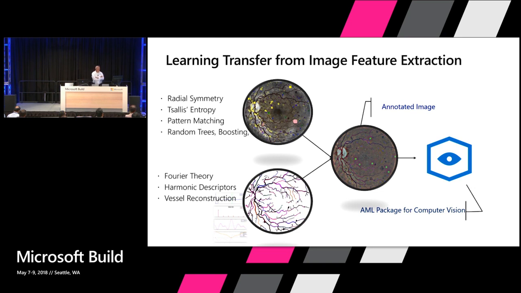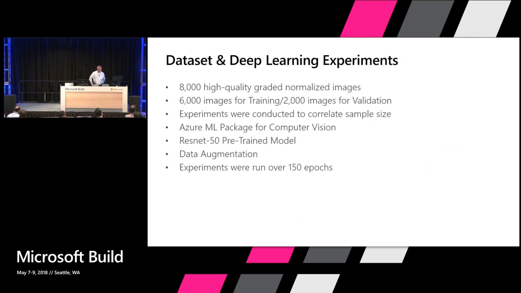All those images are sent to a classifier, a convolutional CNN classifier. In our case, it's CNTK. The classifier is trained on 6,000 images and validated on 2,000 images.